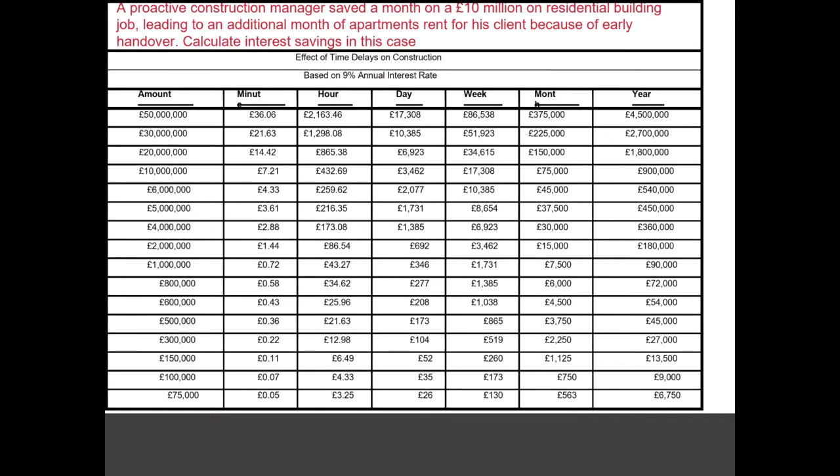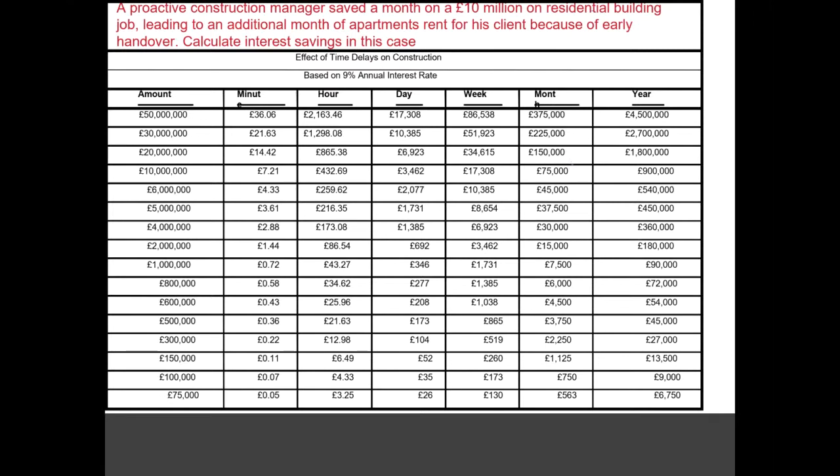Now, on the other hand, if you talk about good project managers, a proactive construction manager saved a month on a 10 million pound residential building job, leading to an additional 1 month of apartment rent for his client because of early handover. So if we could deliver it quickly, there are a lot of fringe benefits. But what is the interest savings in this particular case?